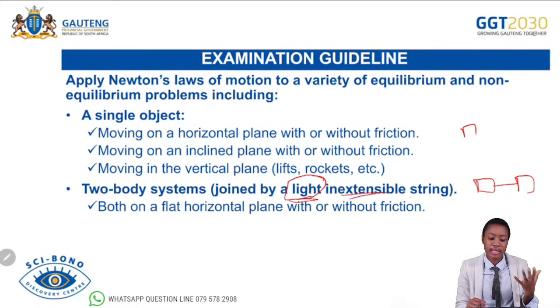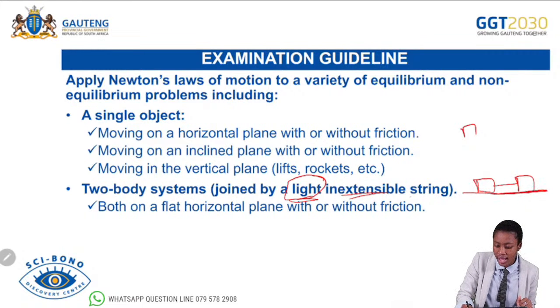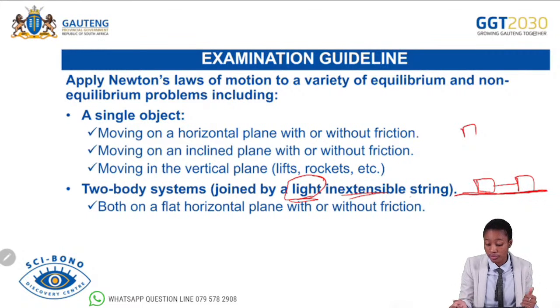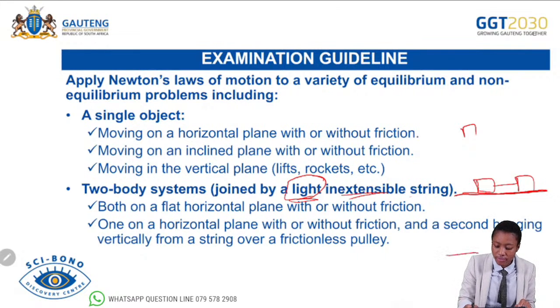In this case, where you have two body systems, it will be both on a flat horizontal plane with or without friction, or we'll have one on a horizontal plane with or without friction, and the other hanging vertically from a string over a frictionless pulley. So in this case, we'll have one on the table.